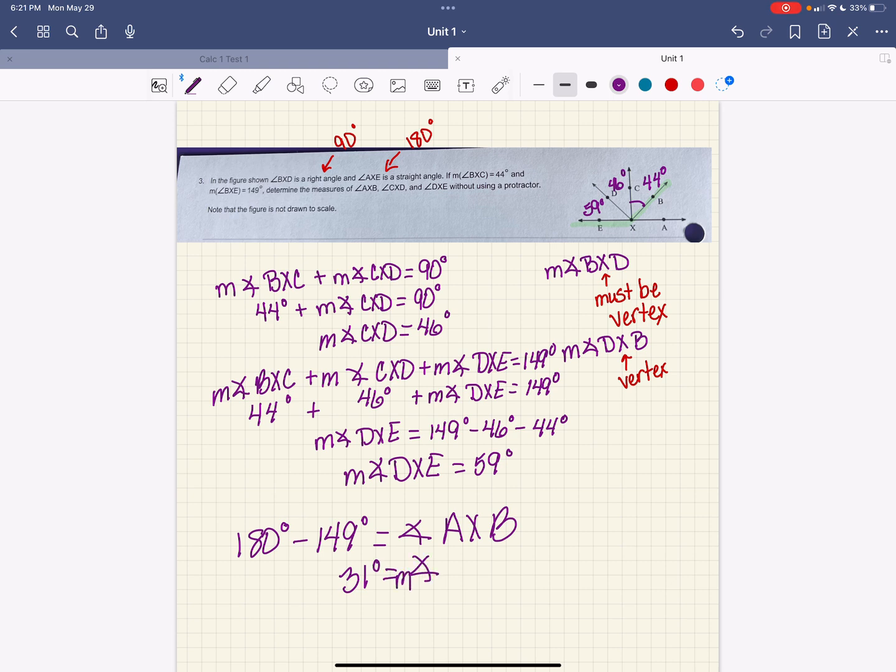We need our M right there, measure of angle AXB. So this is 31 degrees. That's just an example of how we would use this.